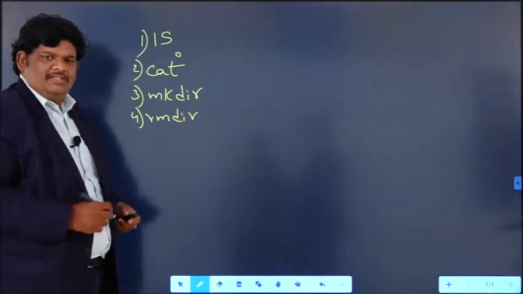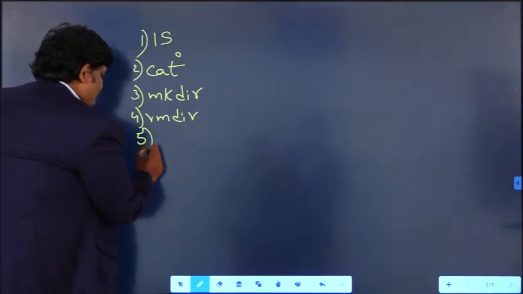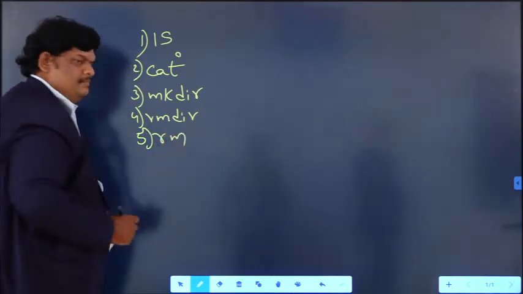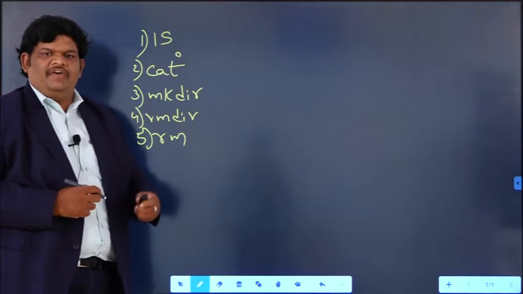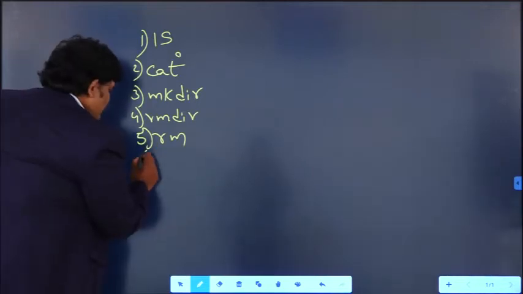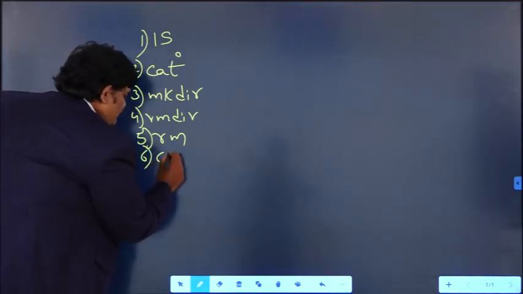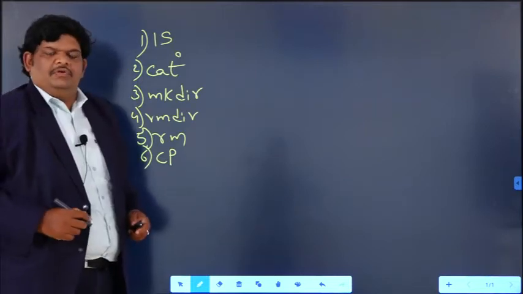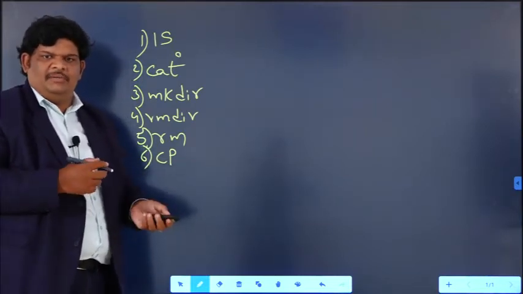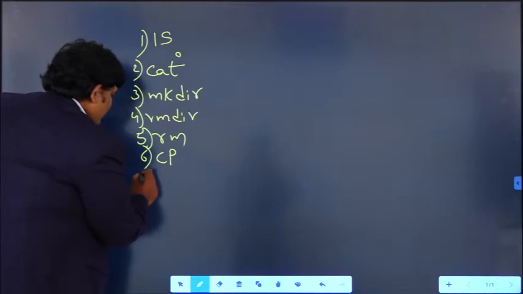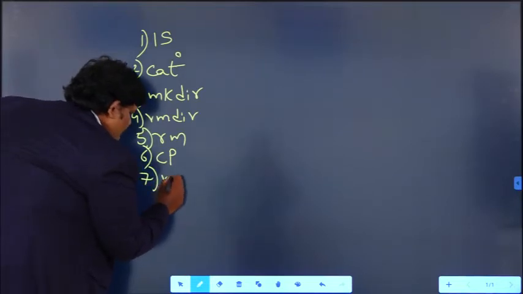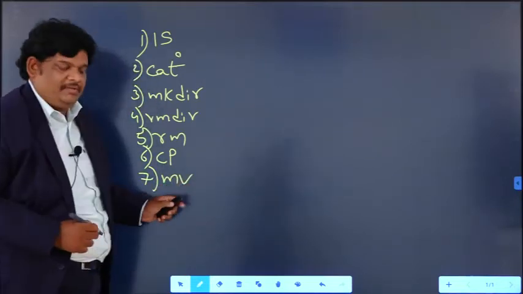To remove files we saw the rm command. To copy the content of one file into another file we saw the copy command. To rename a file from the old name to a new name we saw the move command, that means renaming.